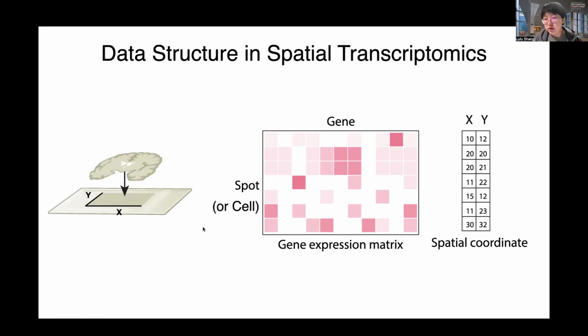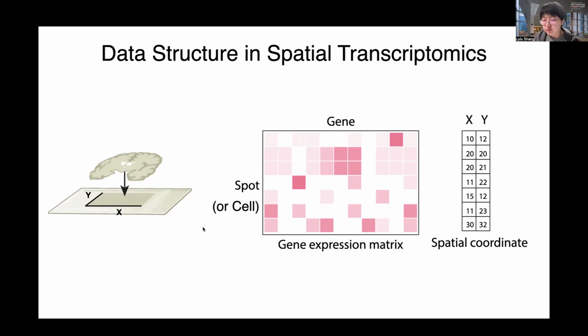If you are measuring it using the Visium technique, the rows will be the spots, and each spot can cover a dozen cells together. If you are measuring it using the image-based technique, you will get cell level measurement for the gene expression. So each row will be a cell, and the columns will be just the genes.